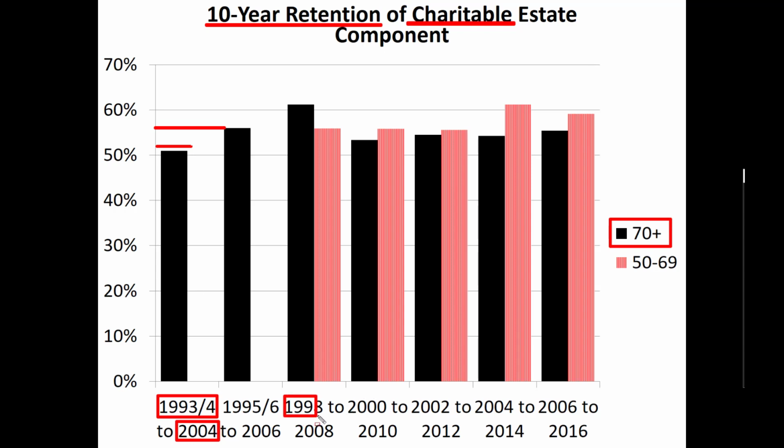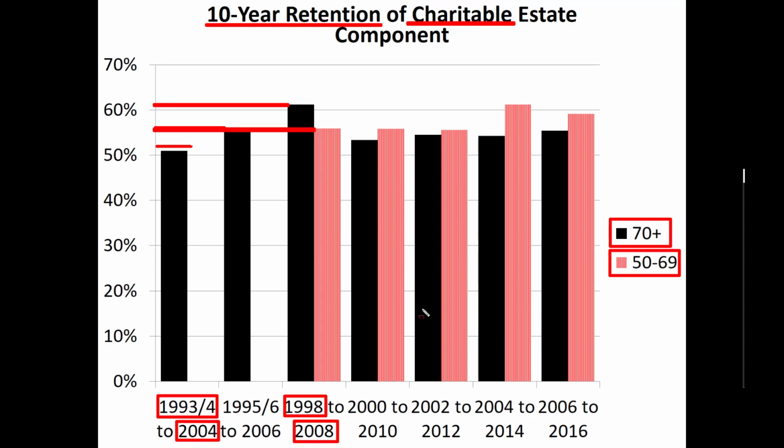It started in 1998, and then you check back 10 years later in 2008. That was the first time that this younger age group was included. And so that younger age group, we got a retention rate of about 55%. In that particular study, the retention rate for the older age group was just over 60%.